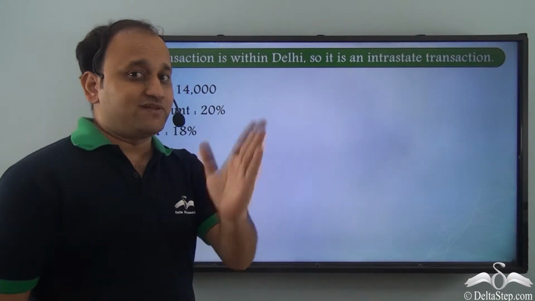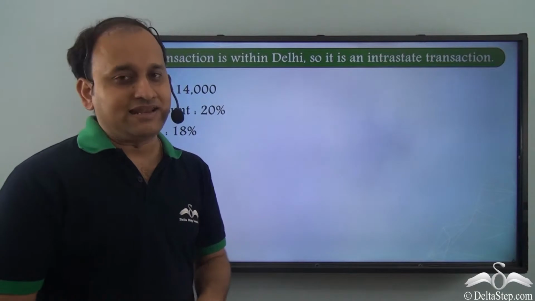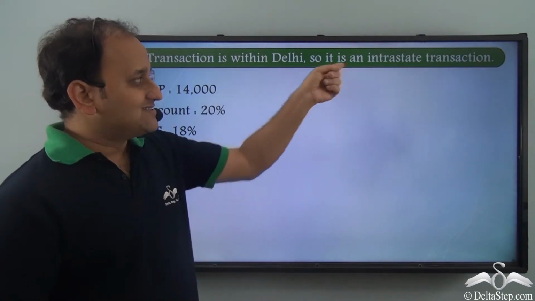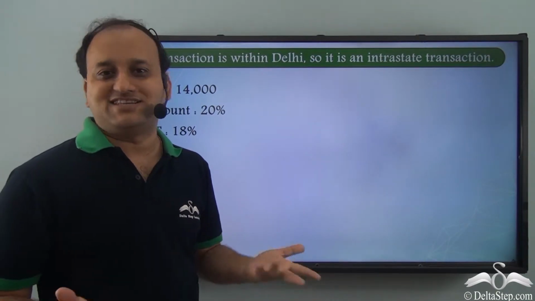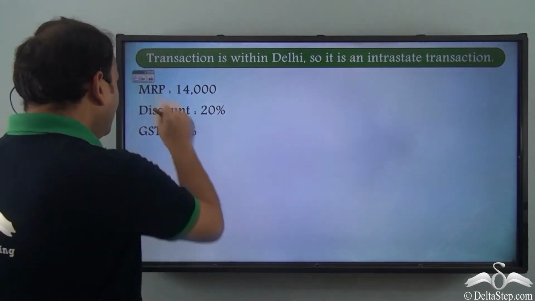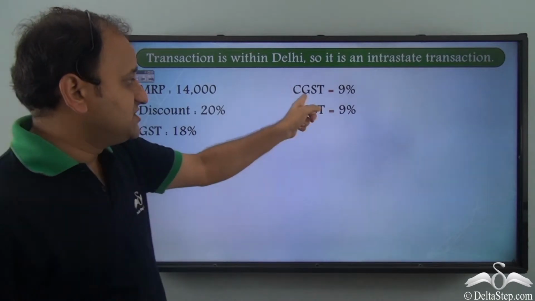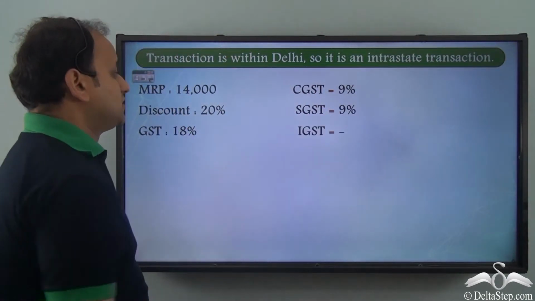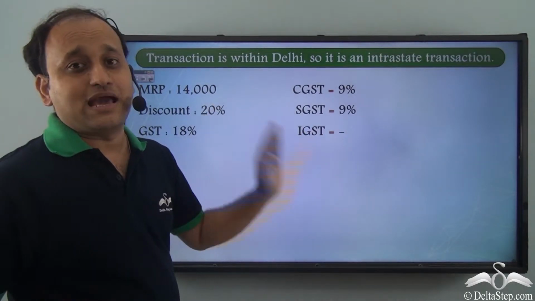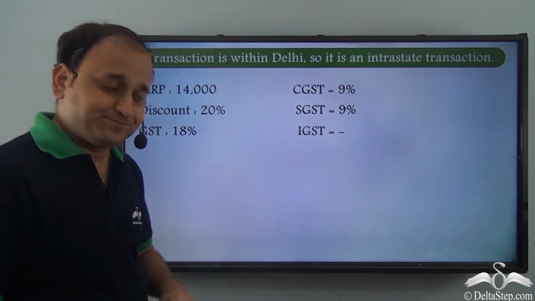So CGST will be 9%, SGST will be 9%. And since this is an intrastate transaction, there will be no IGST in this case, right? So we'll have CGST 9%, SGST 9% and there is no IGST applicable in this case.